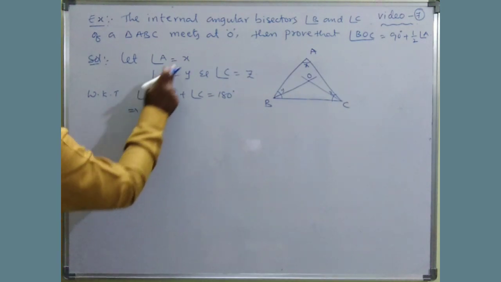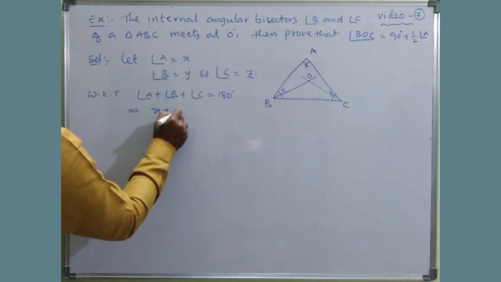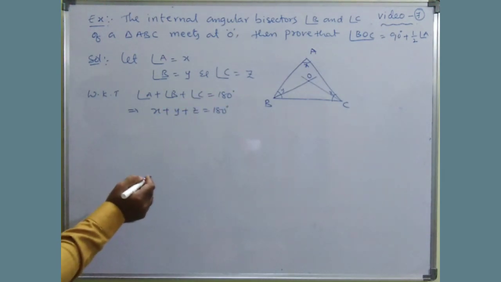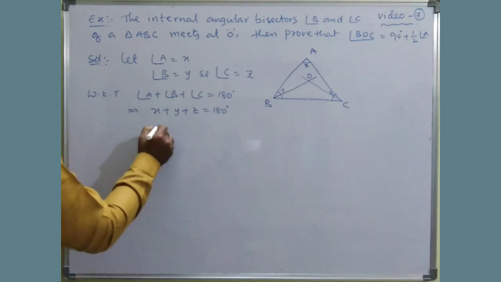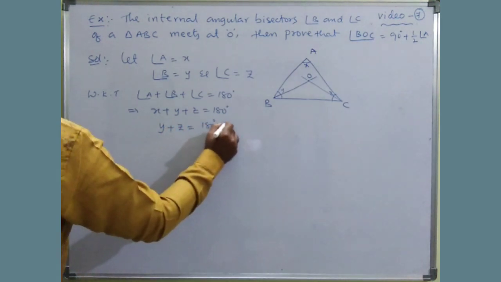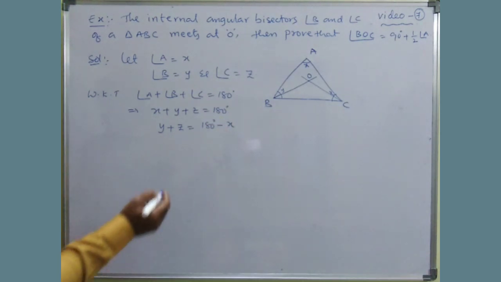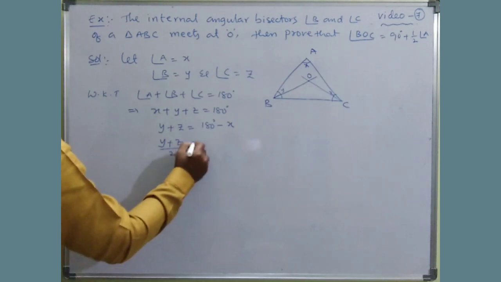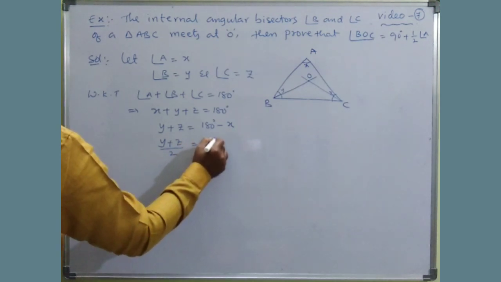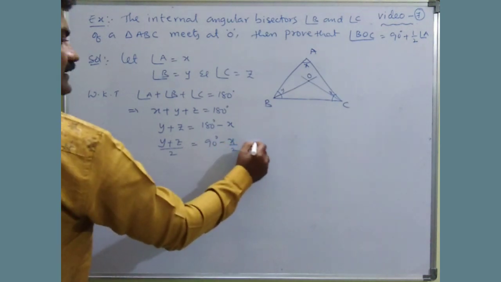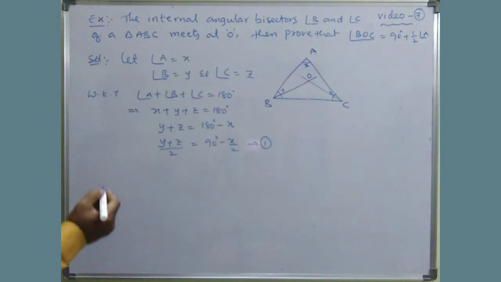But here angle A we consider as X, no? So X plus Y plus Z is 180 degrees, isn't it? And from this, Y plus Z can be written as 180 minus X, and if you divide by 2, then this is 90 minus X by 2, and let it be considered equation number 1.